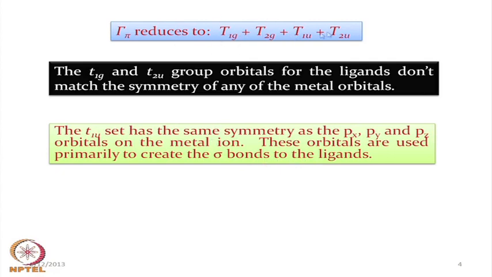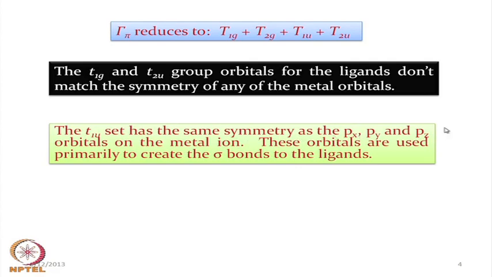So, out of these 4, the T2g is what we are taking for the 3 d orbitals, and the T1u set we have seen for the sigma interactions also, that means the reducible representation for sigma interactions, there also T1u symmetry was there, and that T1u symmetry is utilizing the corresponding px, py and pz orbitals from the metal ion.